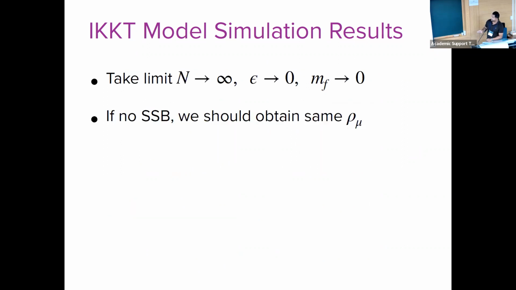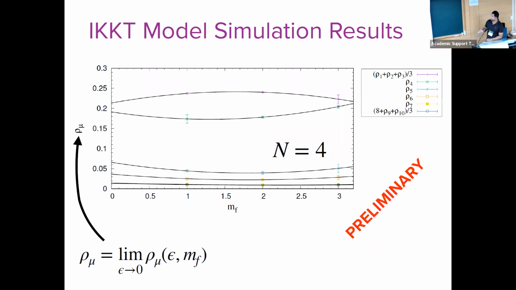Now the idea is to take the large-n limit, n goes to infinity, epsilon goes to 0, mf goes to 0. If there is no spontaneous symmetry breaking in the system, then all the rho mu's should be the same. We did the simulations for n equal to 4.